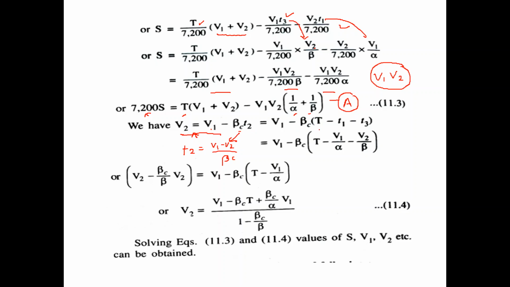T2 is substituted like this: T minus T1 minus T3. T1 is substituted by V1 by alpha, and T3 is substituted by V2 by beta. And finally we come to this one equation.